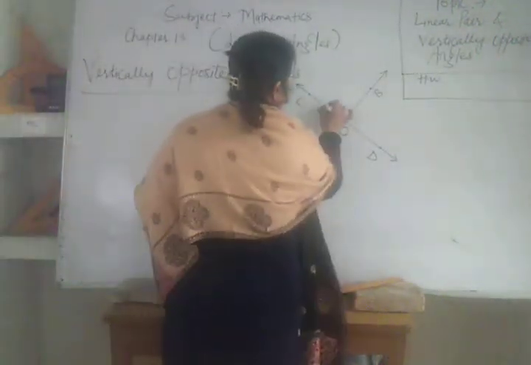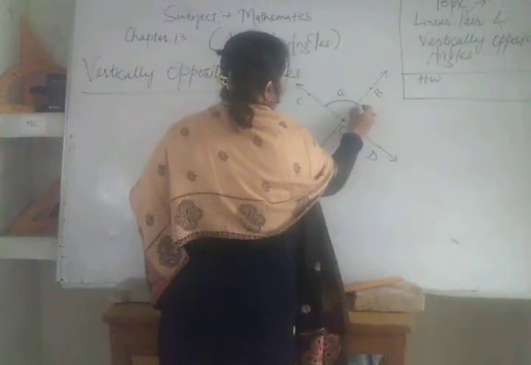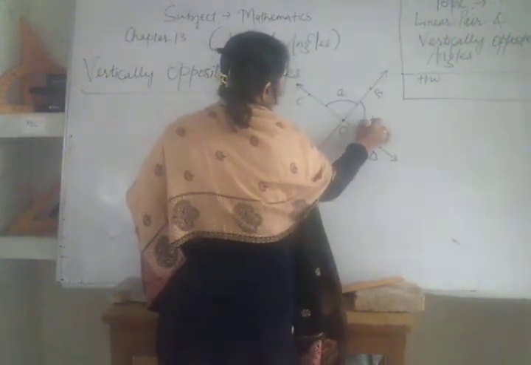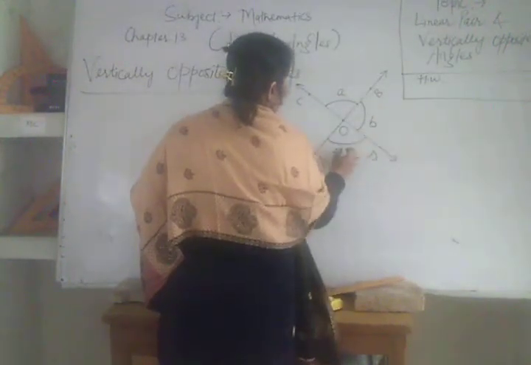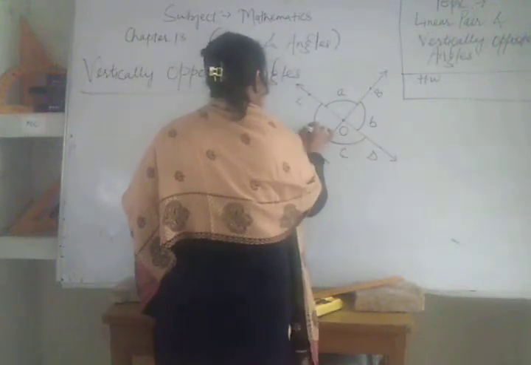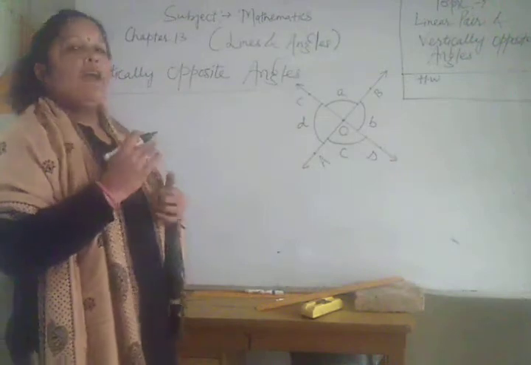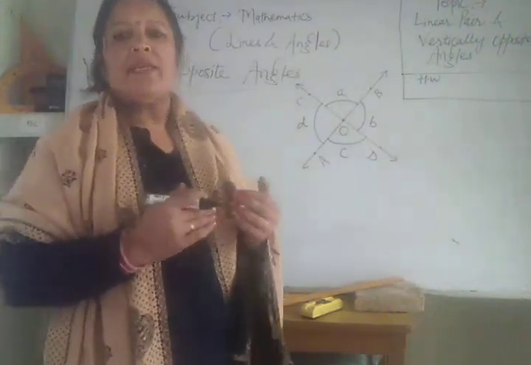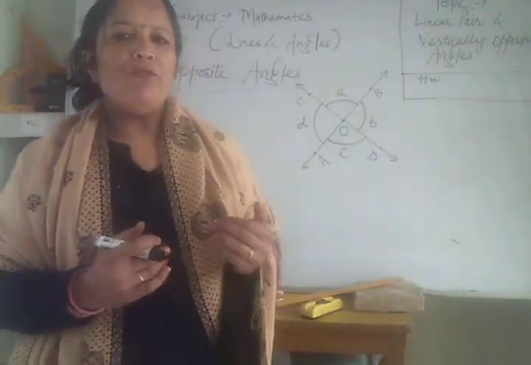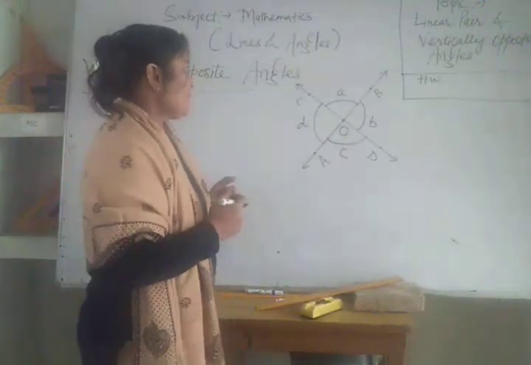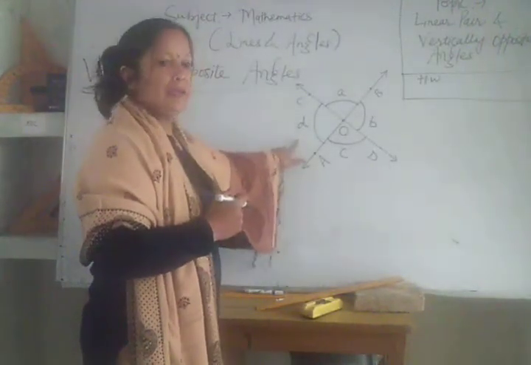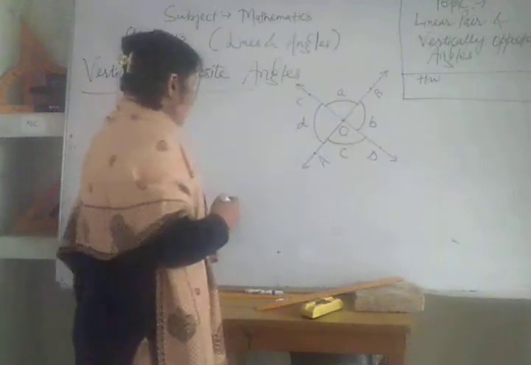Four angles. You can name them small a, small b, small c and small d. I have just named the angles. When two straight lines intersect each other at a point, four angles are there.